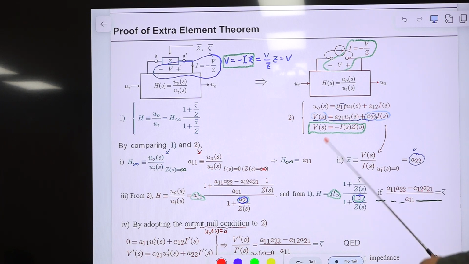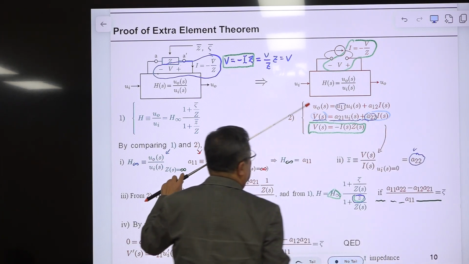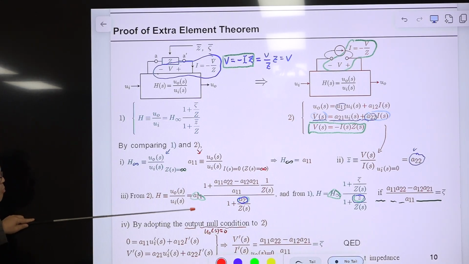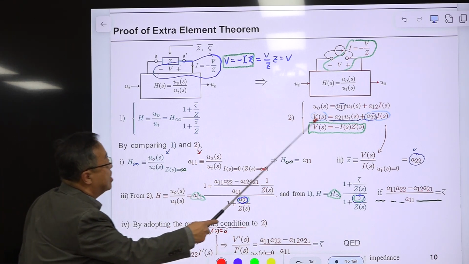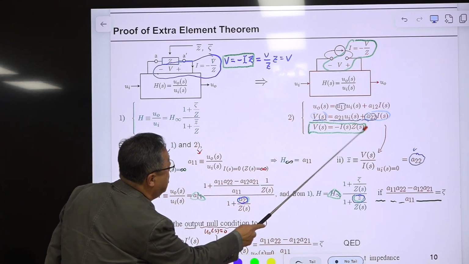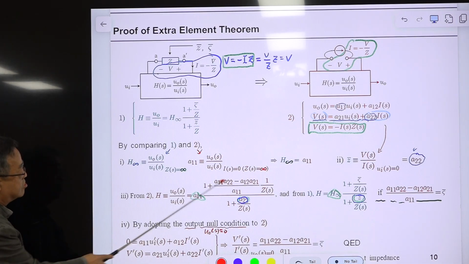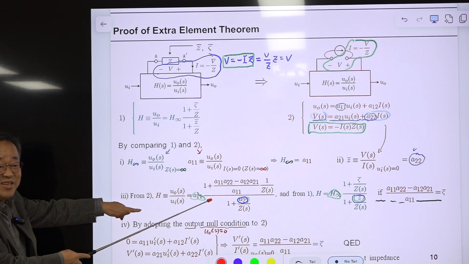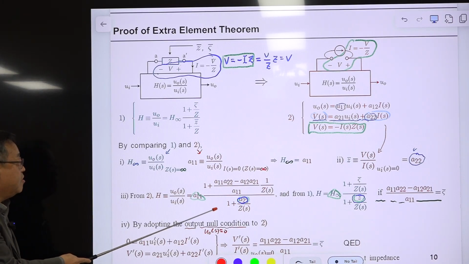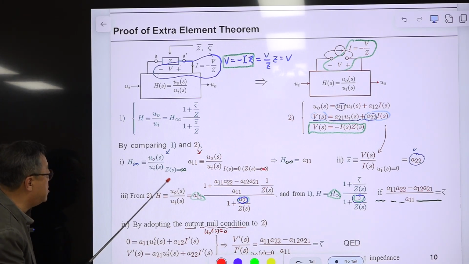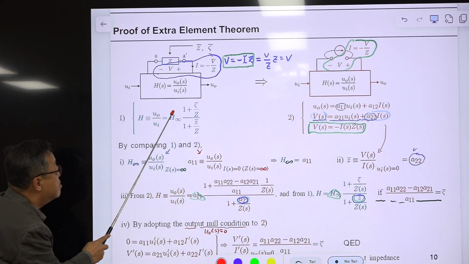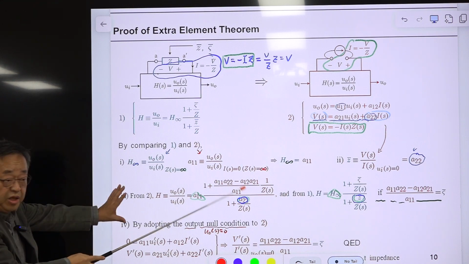And from this equation, you have three equations and find out the relationship between input and output variables. You eliminate V and I using this, then you have this expression. This is very easy to derive. You can easily find this result. Then this is the H expression, and this is the H expression shown here. We compare them term by term.